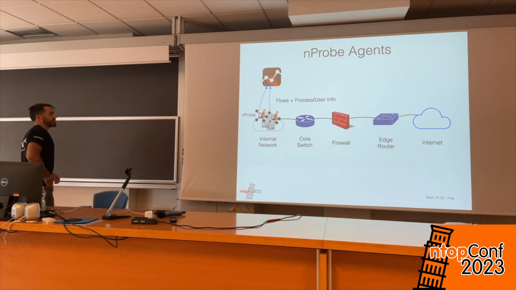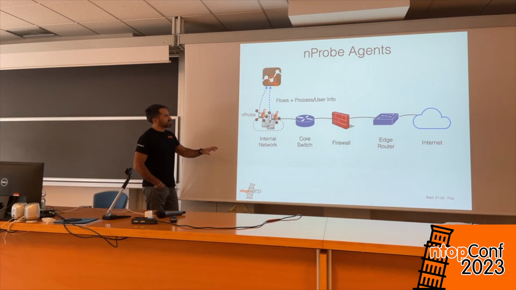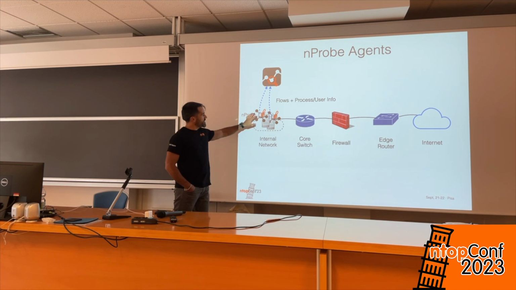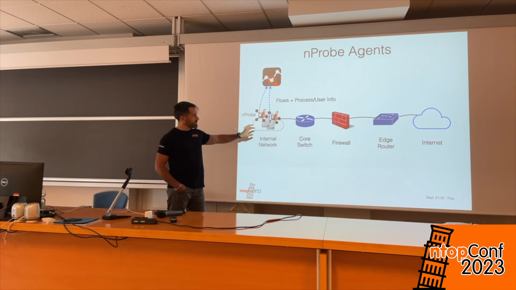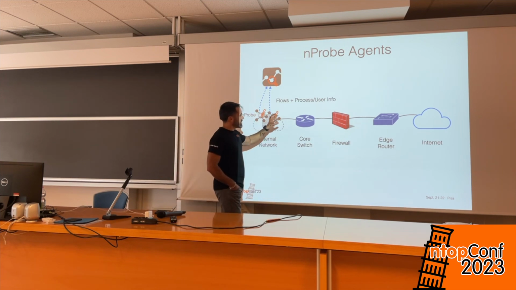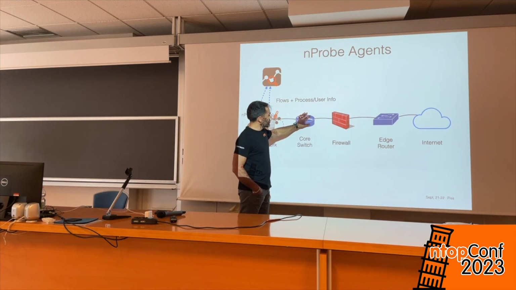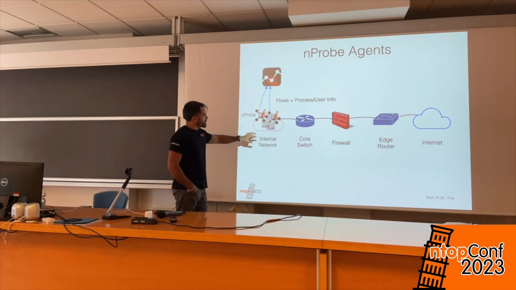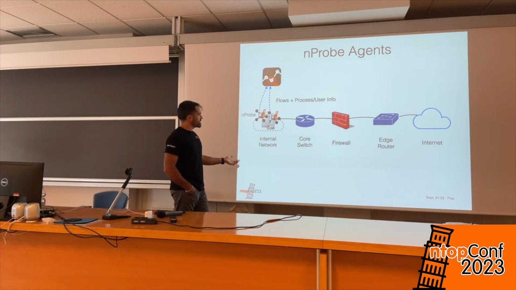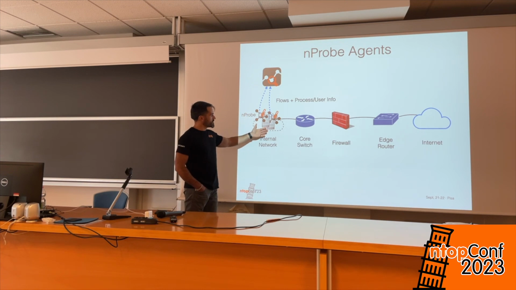Then we have the nProbe agents. So this is nProbe, but in this case we run this on all the hosts in our network, rather than running this on a single point, which is the core switch. The disadvantage is that you have to install this on all the hosts.